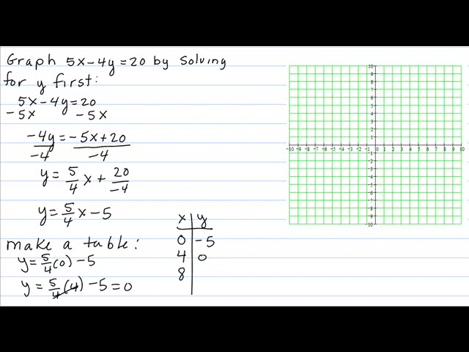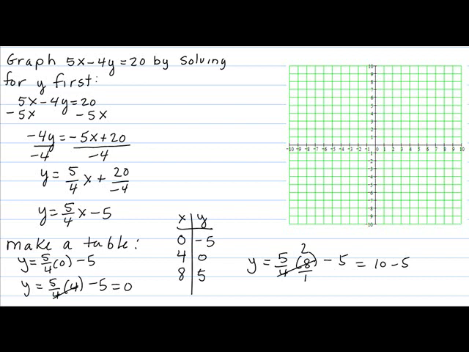Plugging in an 8, what would we get? We're going to have to do it over here. 5/4 times 8 minus 5, which the 8's would cancel, would give us a 2, which is 10 minus 5, which is a 5. So the 3 points that I'm going to plot are 0, -5.